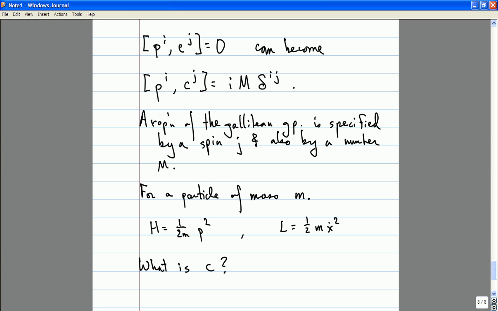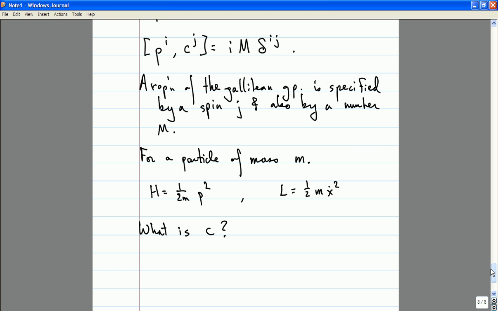Okay. So let's use the Noether procedure. Let's remember what happens under a Galilean boost. Under a Galilean boost, x goes to x plus epsilon t, and epsilon could be taken to be very small for an infinitesimal Galilean boost.